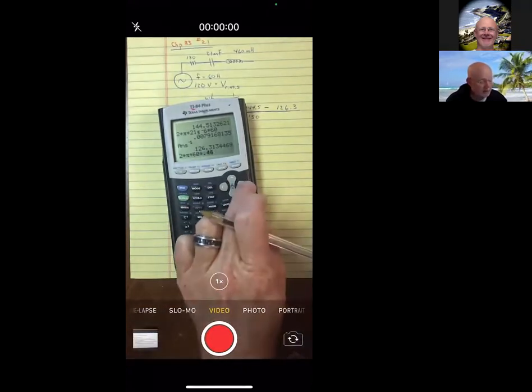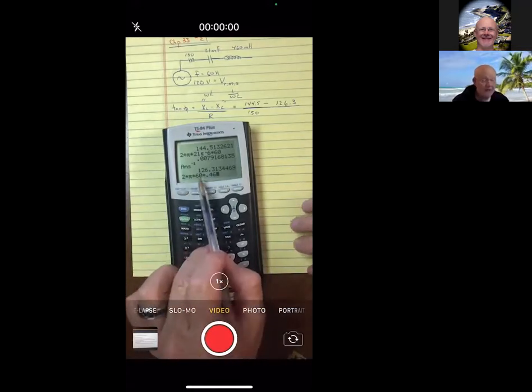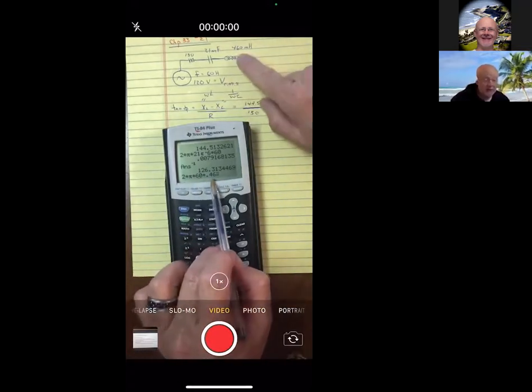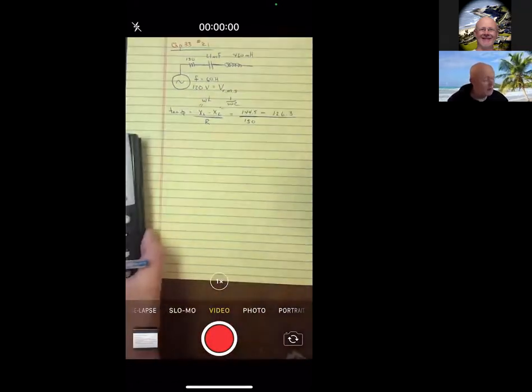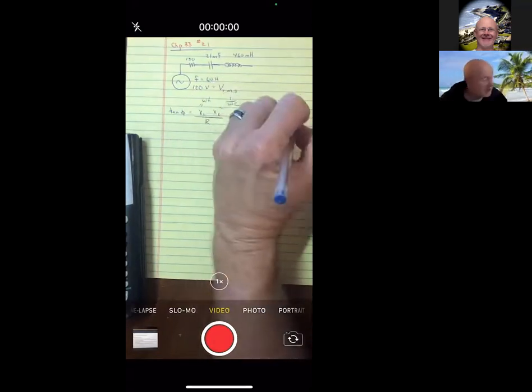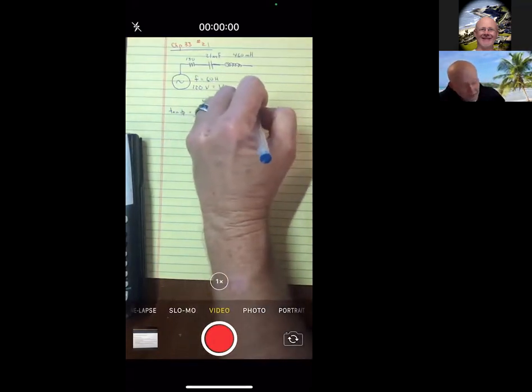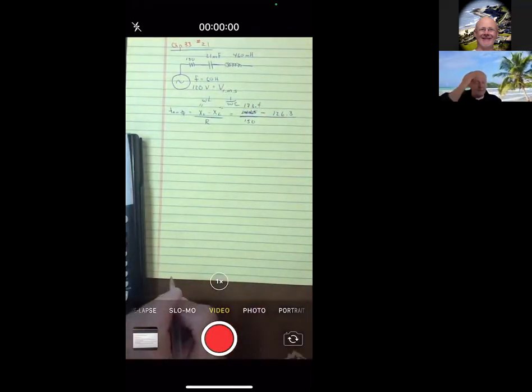For the reactance of the inductor, just double check, 2 pi times 60, there's the frequency, times the 0.46. I made it a little bigger at 173.4. Okay.